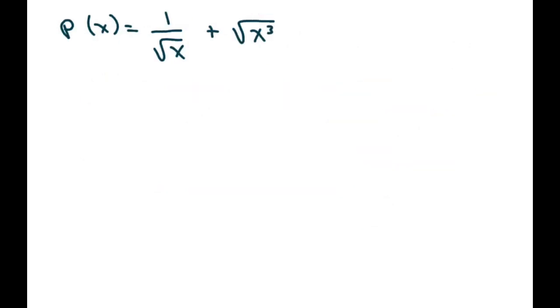Okay, and this one, let's rewrite it first. So p of x equals x to the negative 1/2 plus x, and my power is 3 and my root is 2.